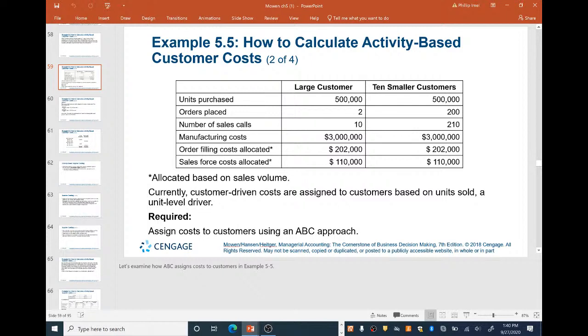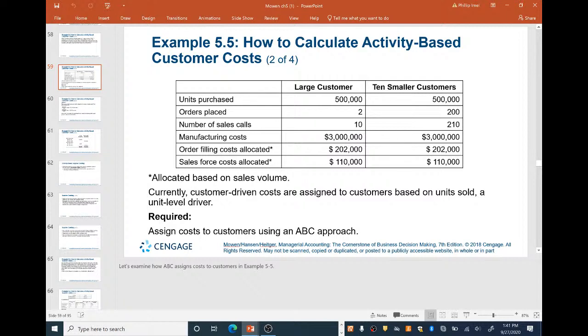The orders placed, however, show a significant difference. There are only 2 orders placed for the large customer and 200 for the 10 smaller customers. On the number of sales calls, there were only 10 for the large customer, and there were 210 calls for the 10 smaller customers. Okay, next, manufacturing cost.